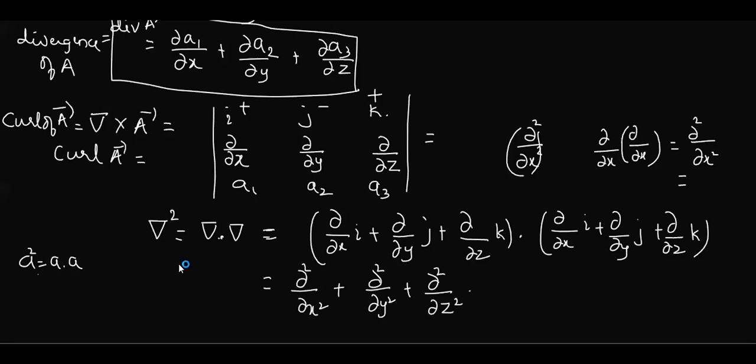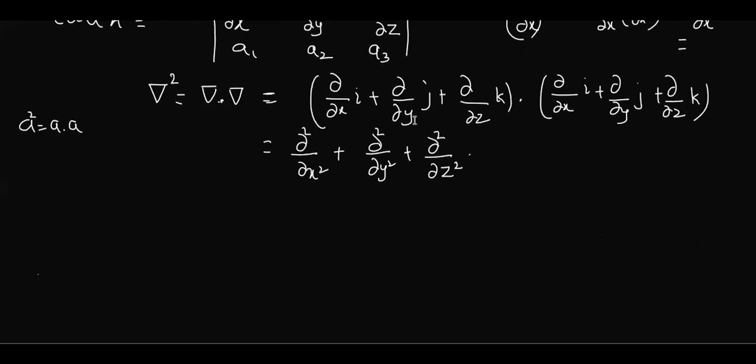Now, was our del a vector or a scalar? It was a vector, but del square is what now? Scalar. Now, this is a scalar. I can operate it on a scalar or I can operate it on a vector. No problems.